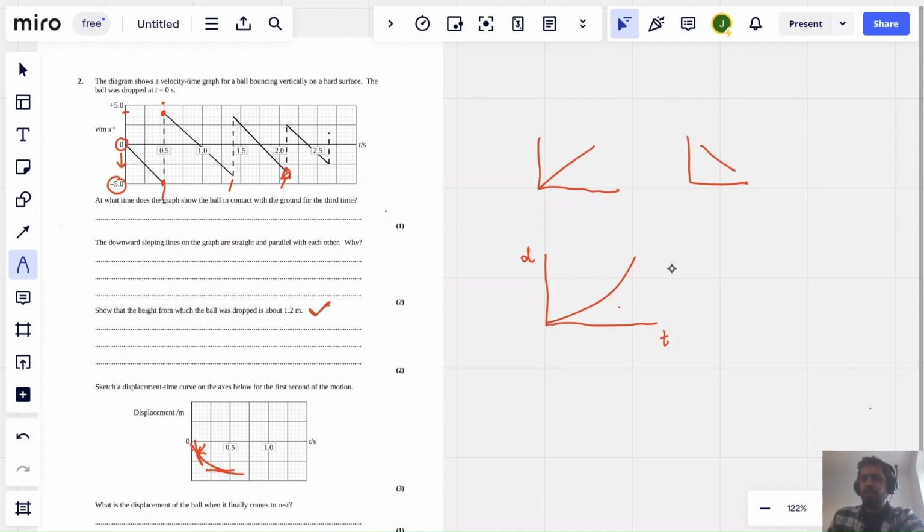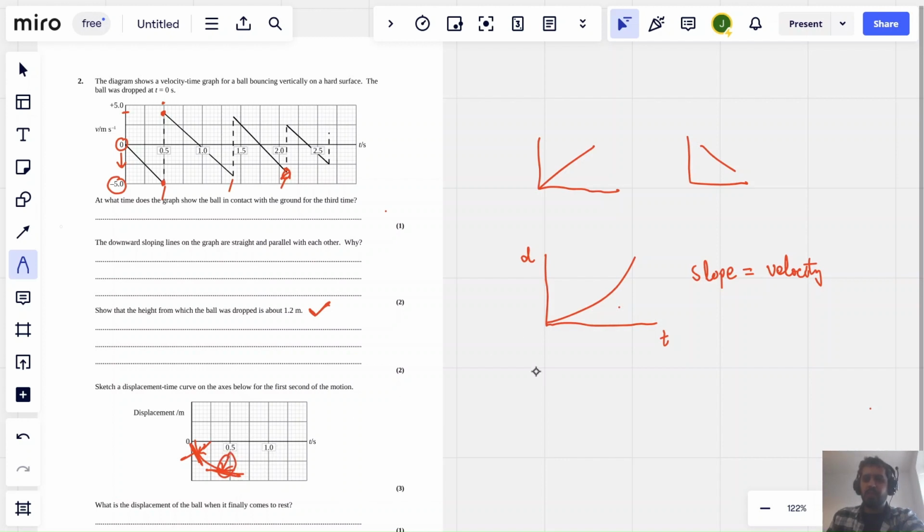And what does slope represent on the displacement versus time graph? Slope gives us velocity, right? So if the slope is more steep here and less steep at this point, that means the velocity will be greater at this point and lower at this point, which is not true, right?